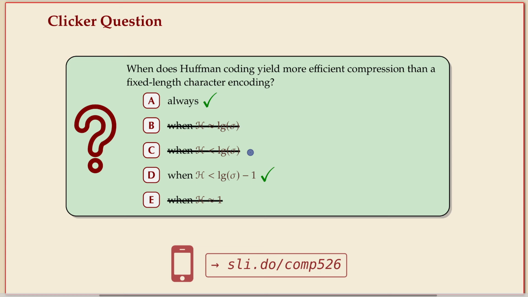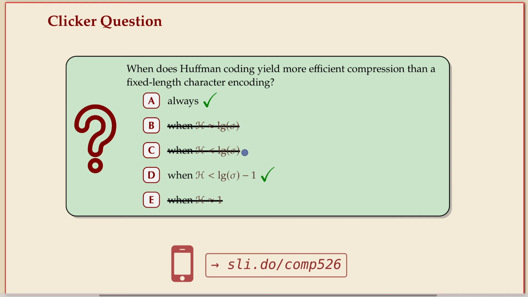If you're closer to the h+1 part, but h is just slightly less than log sigma, you're not doing really much better. Now, in a way, if you look at this more closely, the fixed length code would also not achieve log sigma, but log sigma rounded up. And whenever log sigma rounded up is close to log sigma, also Huffman would be close to that. All right. In a way, there's not too many wrong answers.